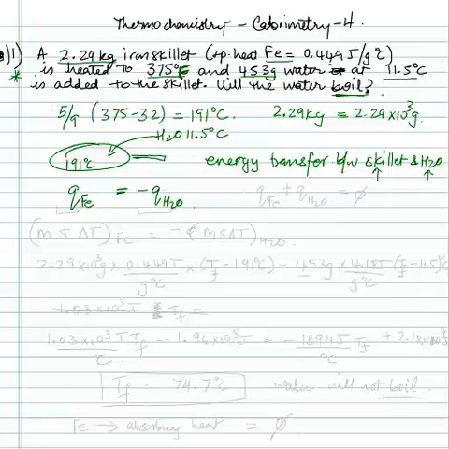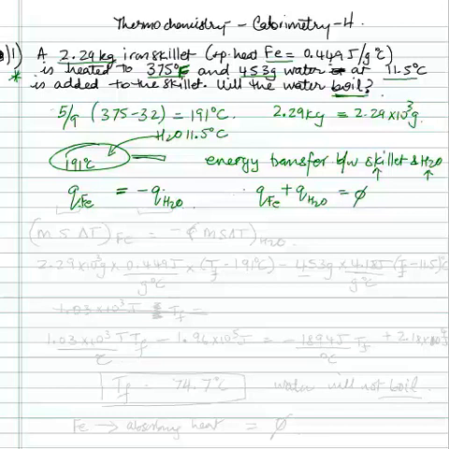You can put both on one side and say this is all equal to 0, because the complete energy transfer should be equal to 0. By the time you transfer the energy from one to the other, it should all be 0.